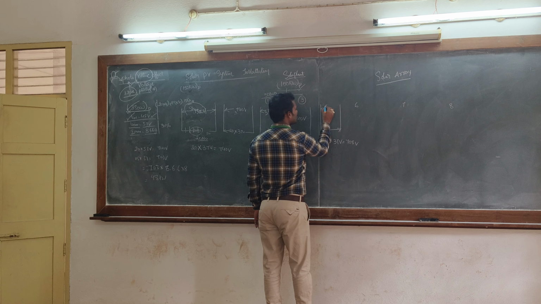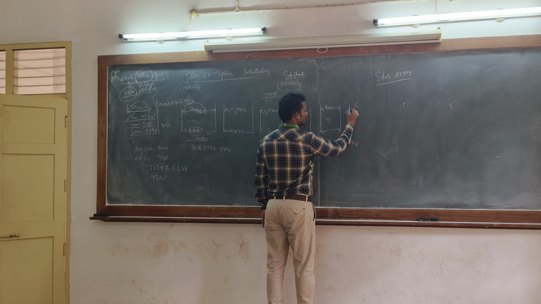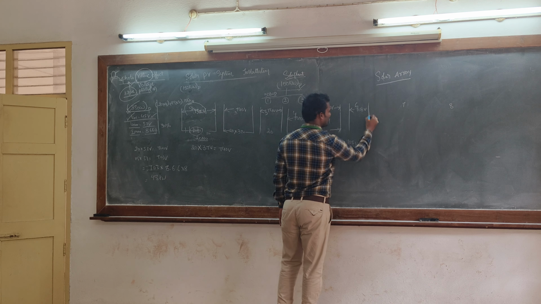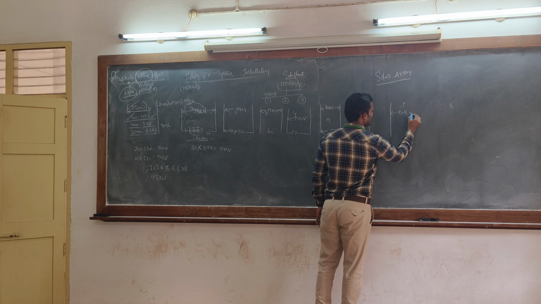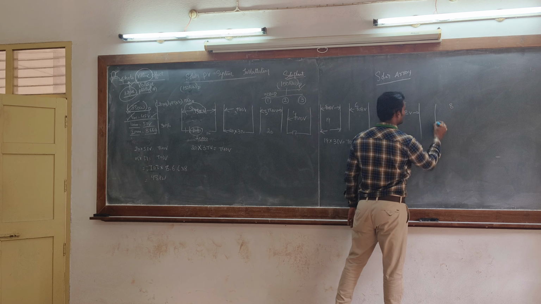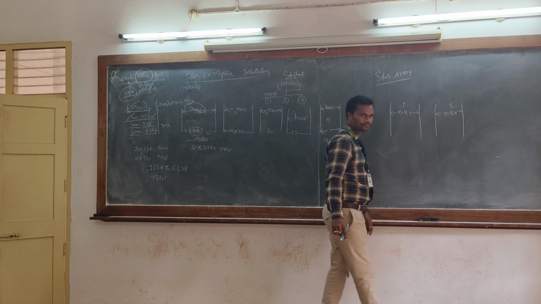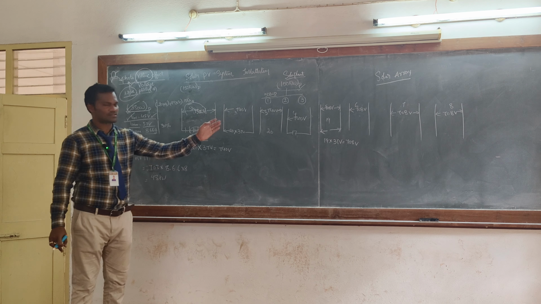So the voltage developed by this series connection is 708 volts. Similarly, string 6 gives 708 volts, string 7 gives 708 volts, and string 8 also gives 708 volts. Like this we are connecting all the strings.